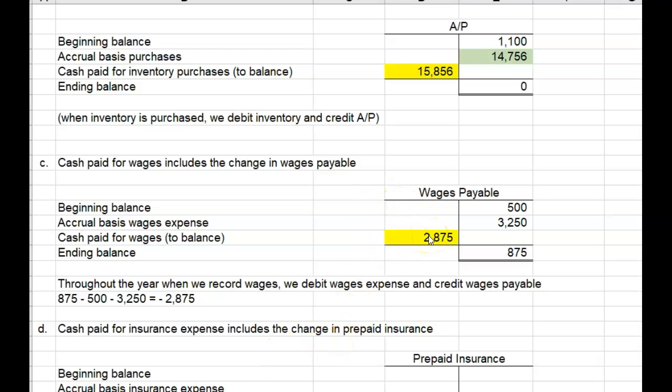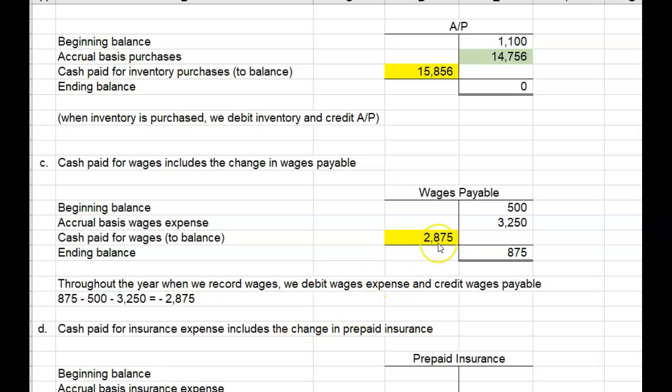And it's shown as a debit in the wages payable account to make it balance. But also think about it. Whenever you pay off a liability, you're going to debit the liability and credit cash. And that's why the debit needs to be on this side, not only to make it balance, but because it's logical.